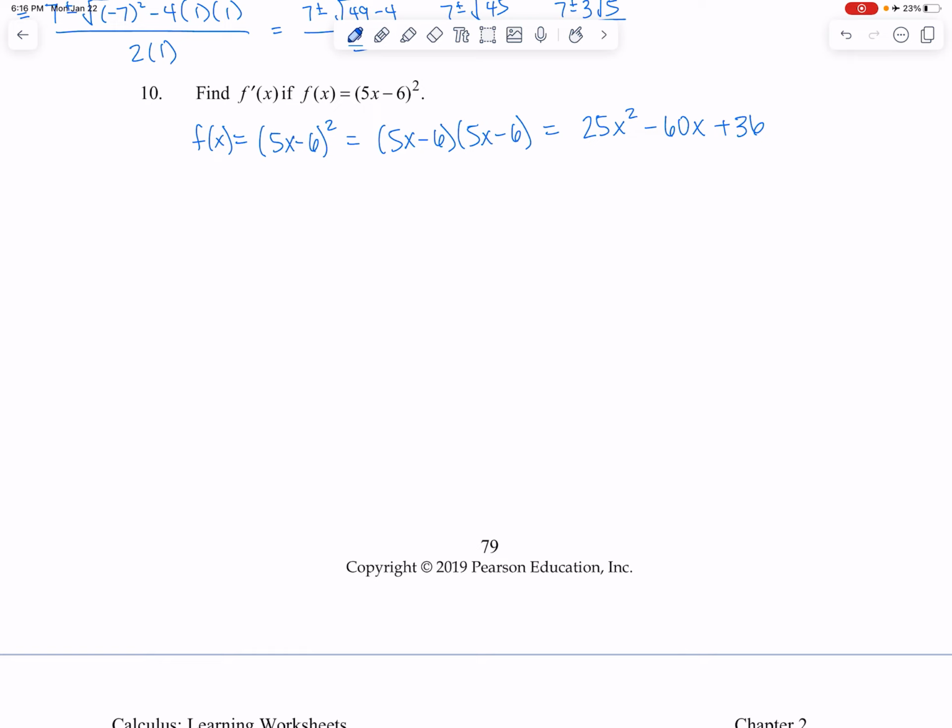Okay, now that we have this all written out, we can find f prime, working one term at a time. F prime of x. So 25x squared, we bring down the 2. 25 times 2 is 50x. 2 minus 1 is 1. Derivative of 60x is 60. Derivative of 36 is 0.